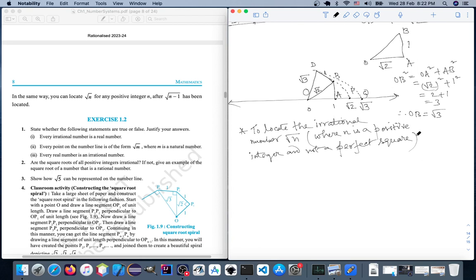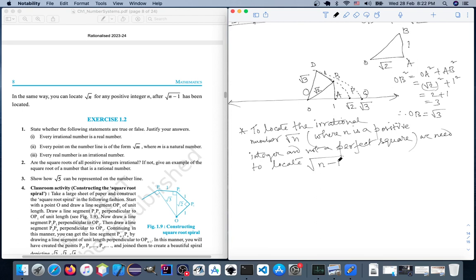In that case, root over n will be an irrational number, and to locate the irrational number root 10, we need to locate root over n minus 1. So we can locate root over n only when we have located root over n minus 1.